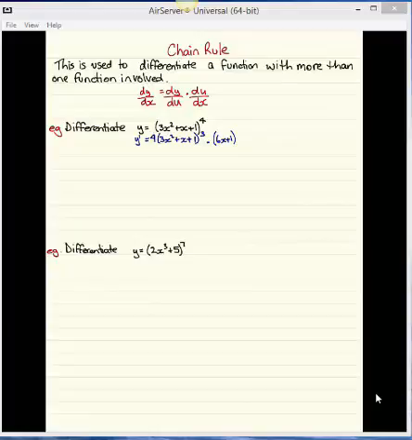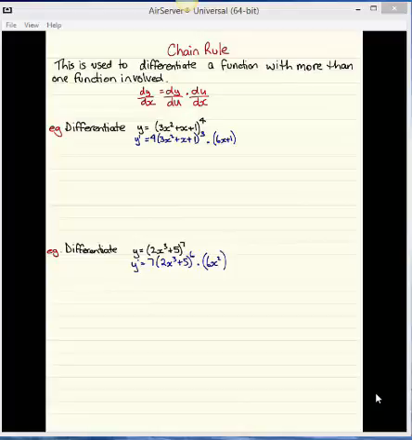So let's have another go. If y is equal to (2x cubed plus 5) all to the power of 7, then when we differentiate y with respect to x, we get 7, bring the power down, keep your brackets just as they are, take 1 off your power, and then multiply it by the derivative of what's inside the brackets, which would be 6x squared.